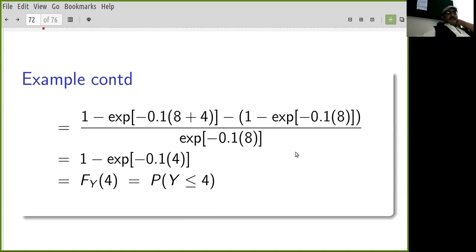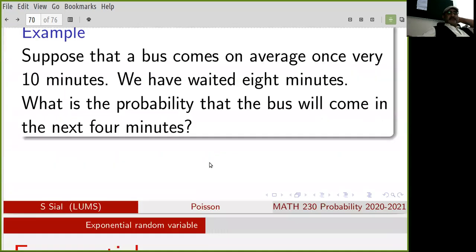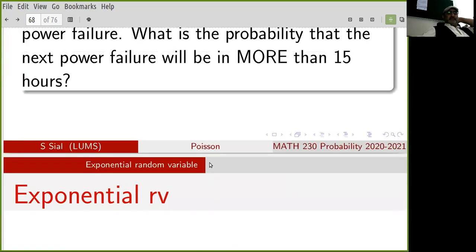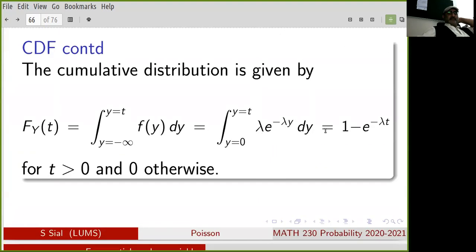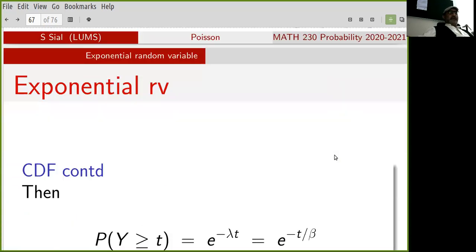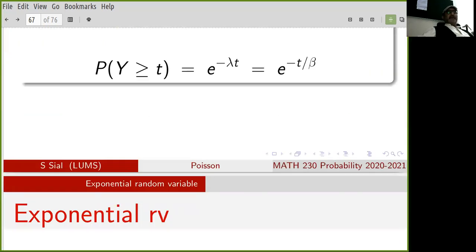If I do that, I get 1 minus the exponential of minus 0.1 times 4. But then I recognize that this is in fact the same as this.